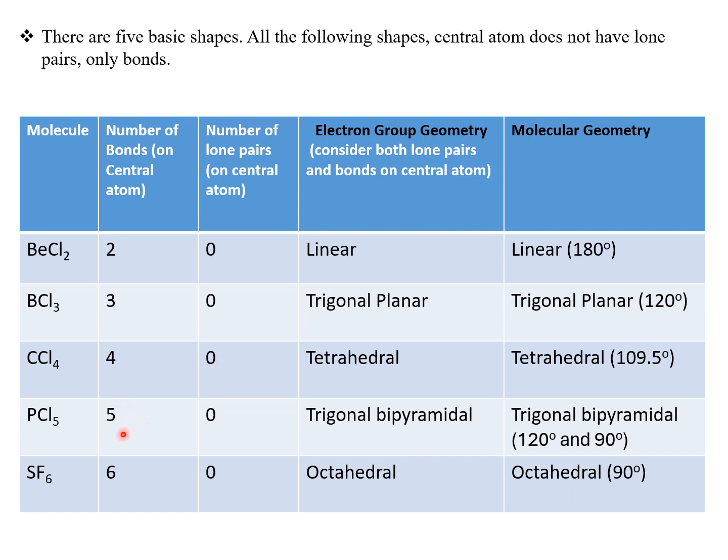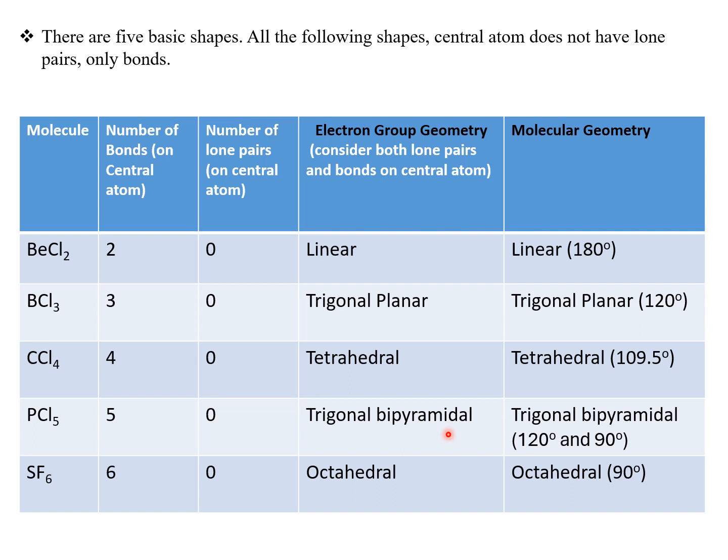Next, the trigonal bipyramidal shape. There are five bonds attached to the central atom, for example PCl5. Phosphorus is the central atom and there are five chlorines attached to phosphorus. If you draw the structure, you can clearly see there are two types of bond angles. The reason is three bonds are on the plane, like a trigonal planar structure.